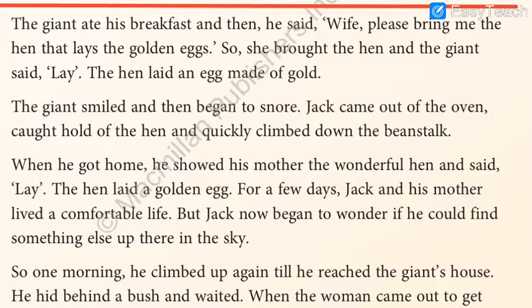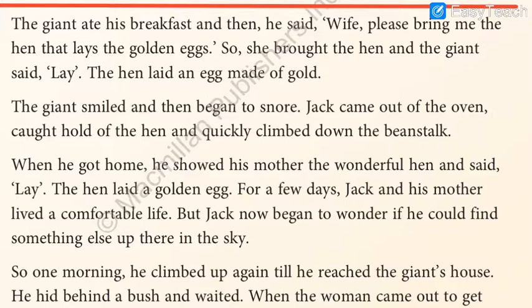So suddenly the giant said, "Bring the breakfast for me." To whom did the giant say? To his wife. That means that tall lady and no one else. So the wife, that means the tall lady, brought the breakfast and the giant ate his breakfast.